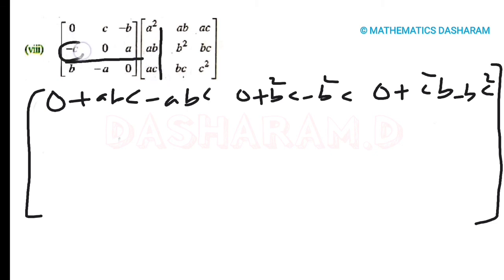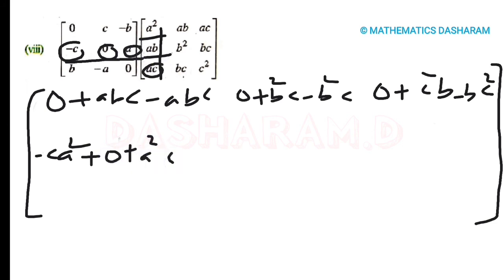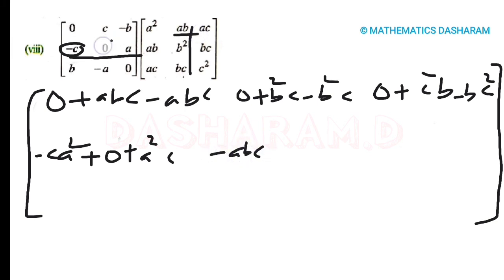Second row, first column. See, minus c into a square, minus c a square. 0 into ab is 0, a into ac, a square c. Next, same second row but multiply with the second column. See here, minus c into ab, minus abc. 0 into b square is 0, a into bc, abc.